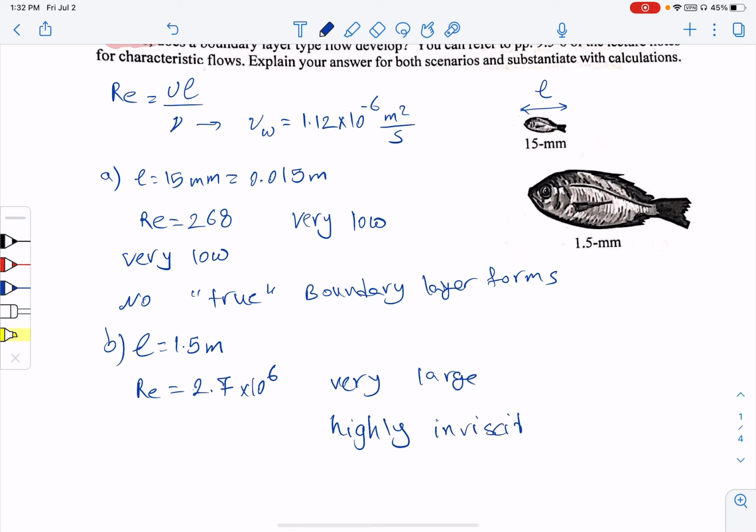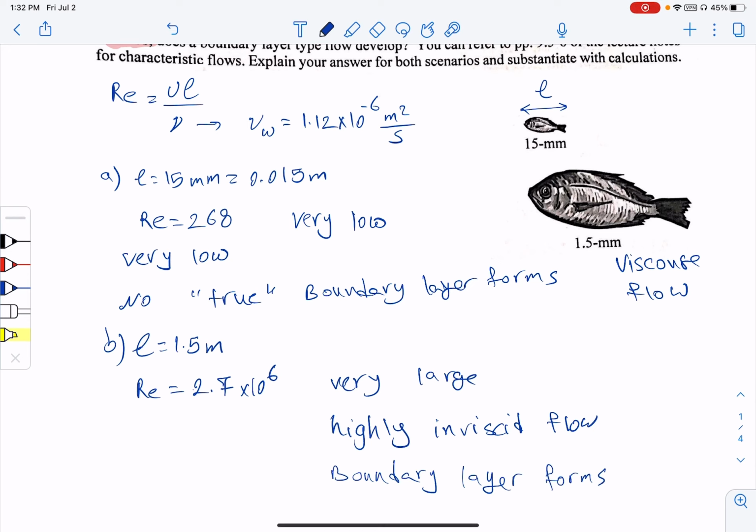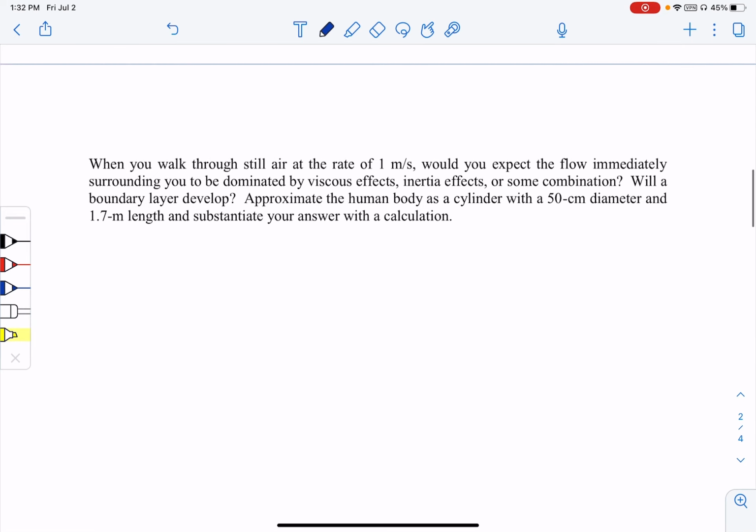And in the previous one, I forgot to say that we have a viscous flow, right? And then the boundary layer forms. Now let's go to the next question.